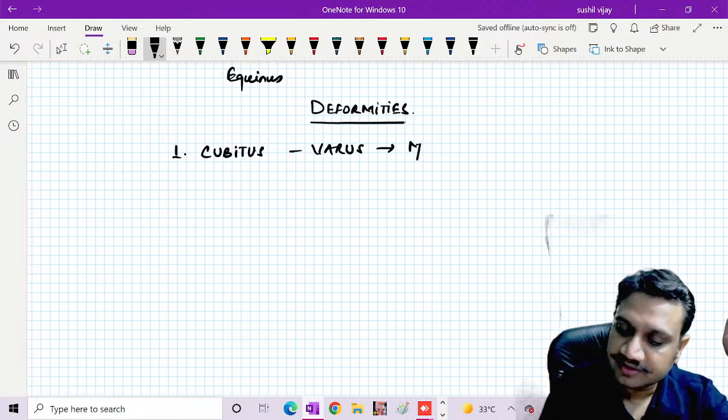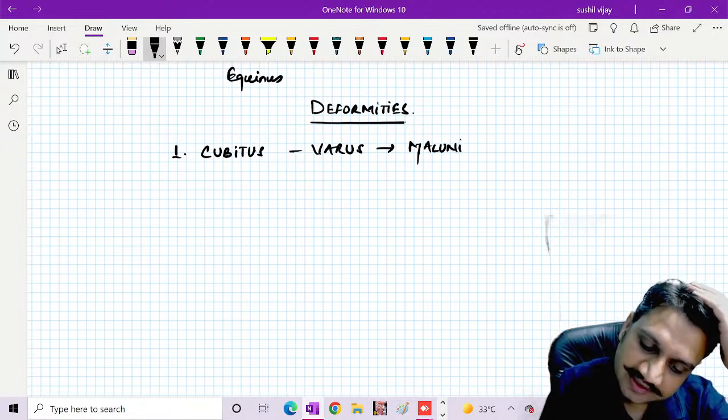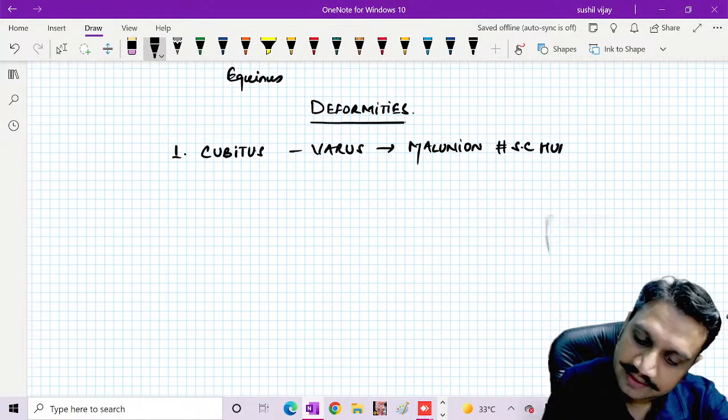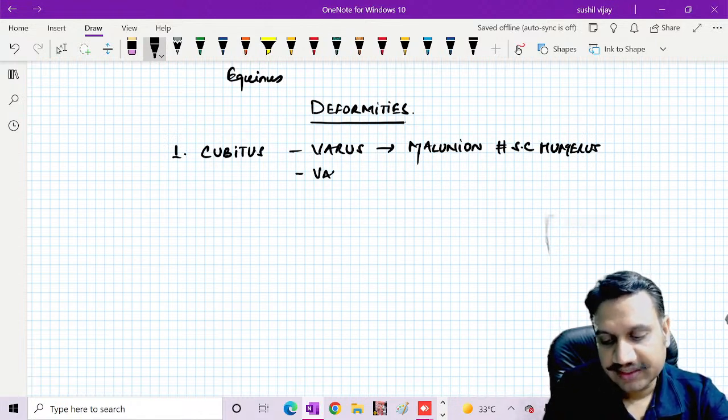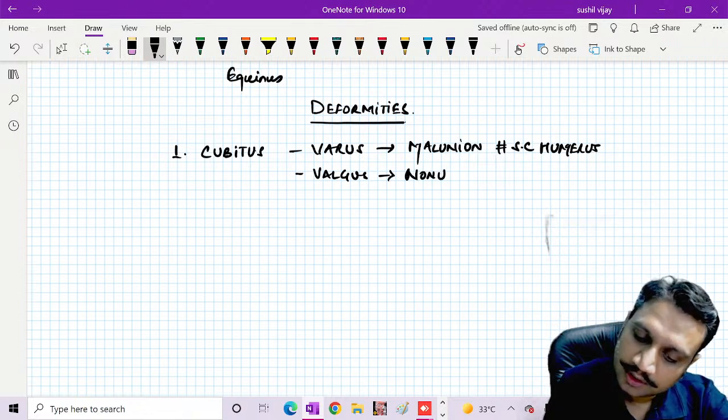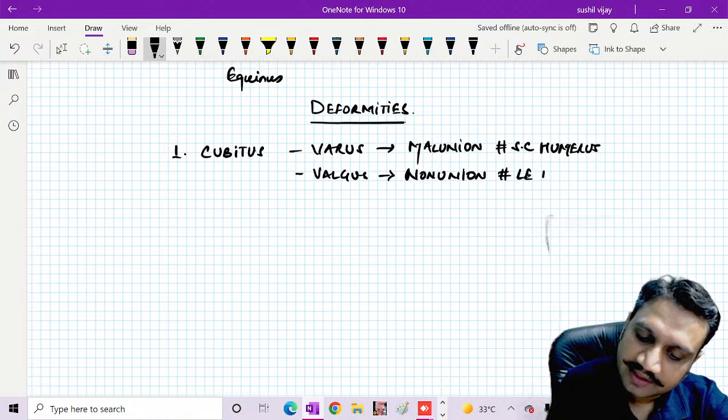It is seen because of malunion of fracture supracondylar humerus. And the cubitus valgus deformity is seen as non-union of fracture lateral epicondyle of humerus.